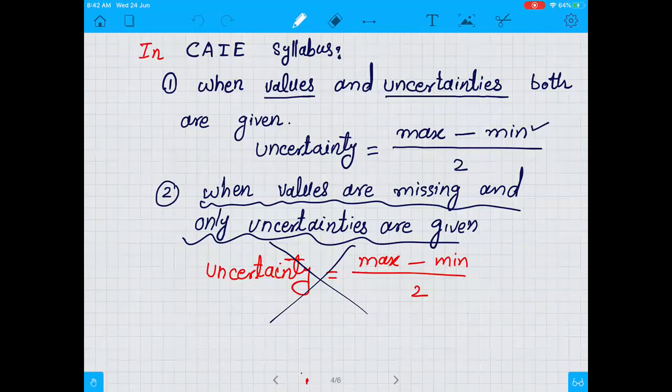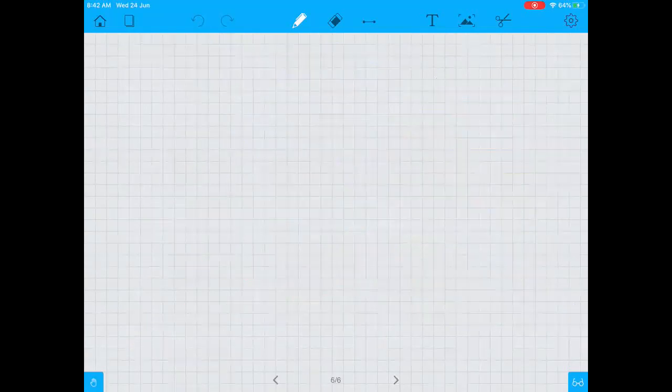the values are missing, then you cannot use this formula maximum minus minimum over 2. And then you go with the shortcut formula. So I will call those formulae shortcut formulae.